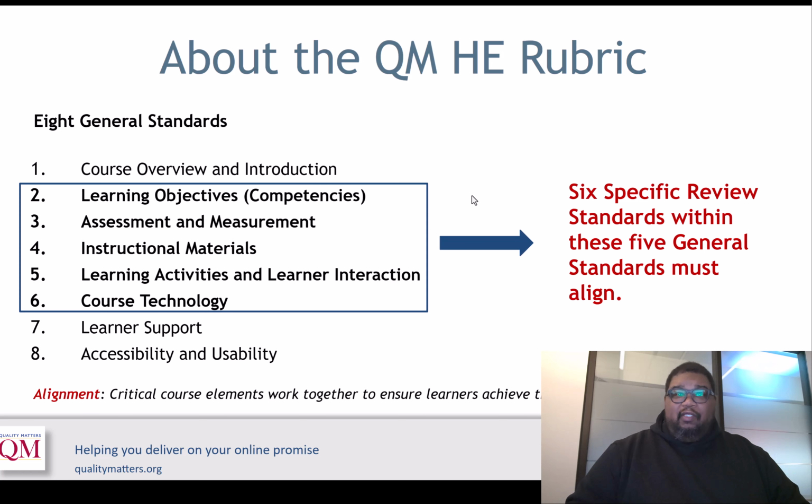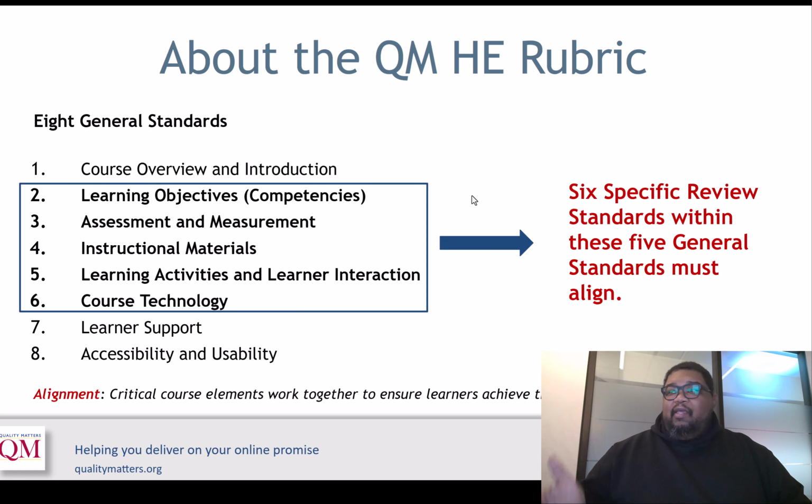Another thing you'll notice is that specific alignment review standards have the word alignment symbol in the workbook in red. You'll find that on 2.1, 2.2, and we'll talk a little more about that in the next slide. Remember, this is a holistic approach. QM is using this so that all of these pieces can be put together to build a fundamentally sound course.